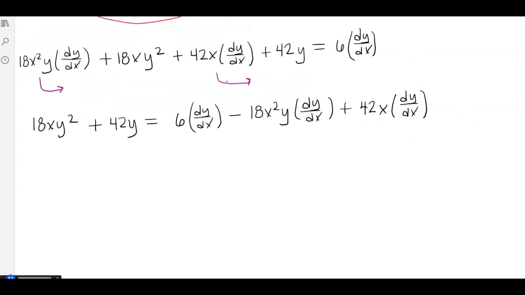And then we'll be able to divide both sides by this whole thing that's in parentheses. This should be a minus, right?